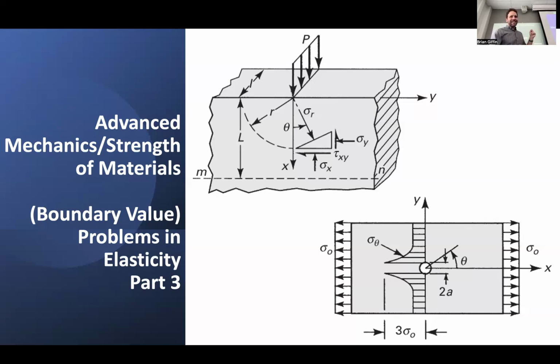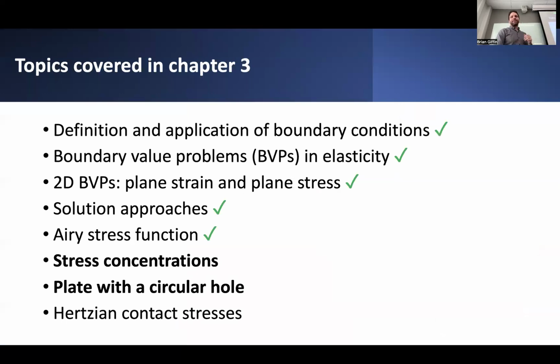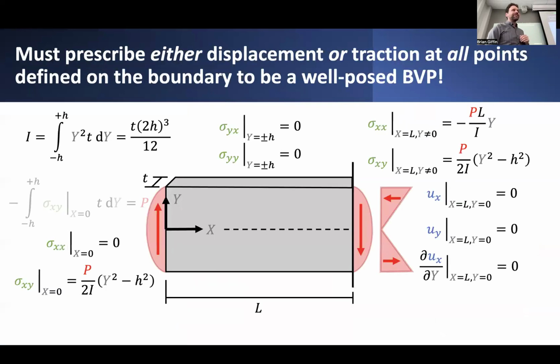But before we dive into that, I wanted to finalize our discussion of the problem from last lecture, where we were looking at this simple cantilever beam, and we'll go through that. We assumed we had some distribution of stresses defined everywhere on the boundary of this particular problem.